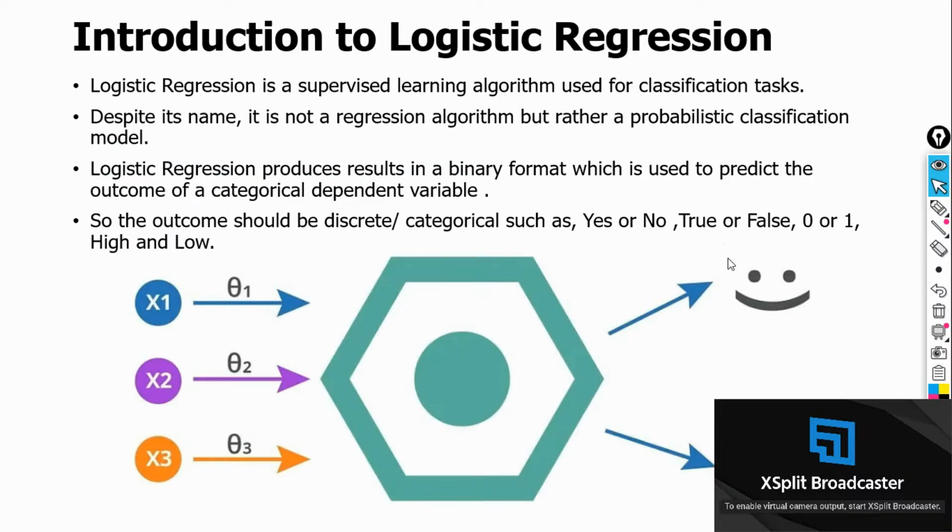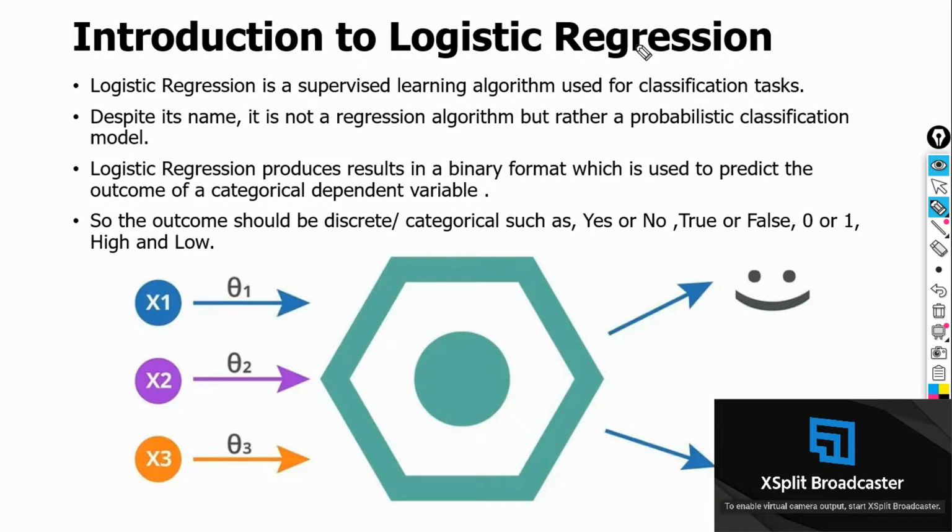What is this logistic regression? The first point says it is a supervised learning algorithm. Yes, it is part of supervised learning, but used for classification tasks. Even though it is named under regression, it is not used to predict a continuous variable.